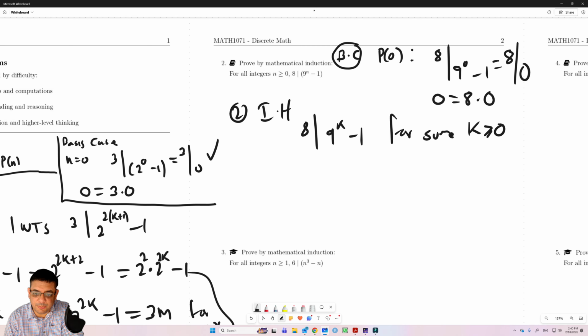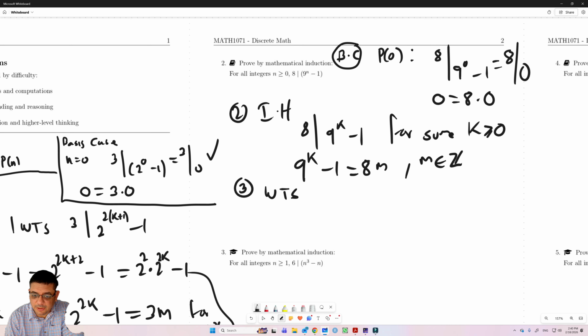So that's going to be that 9 to the k minus 1 is equal to 8m for some m that belongs to the integers. Now, step 3 will be the inductive step. We want to show that 8 divides 9 to the k plus 1 minus 1.